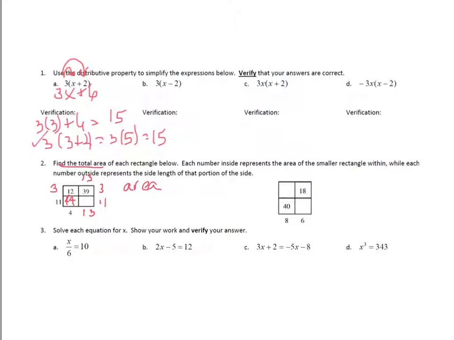For example, 11 times 13. Oh, let's see. That'd be 124, I believe. No, it would not be 124. It would be 11 times 13, 143.